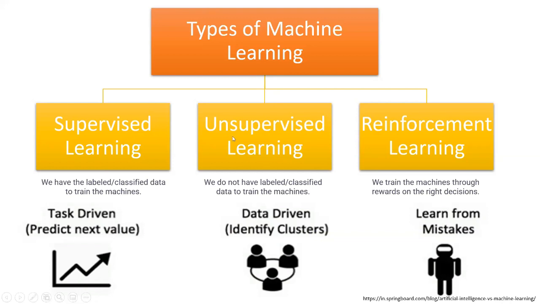So the model will learn by itself and it will predict. Third is reinforcement learning, in which we train the machine through rewards on the right decisions. This kind of model learns from its mistakes. So these are the three kinds of machine learning processes.